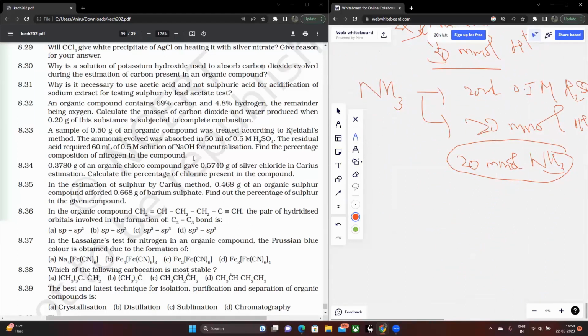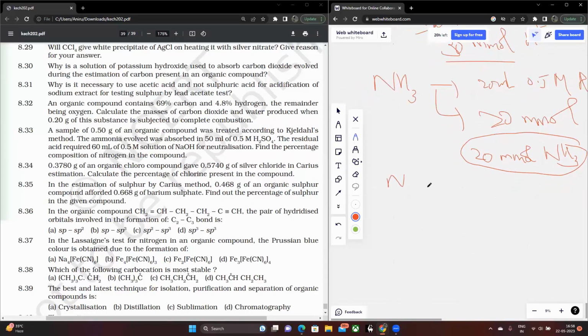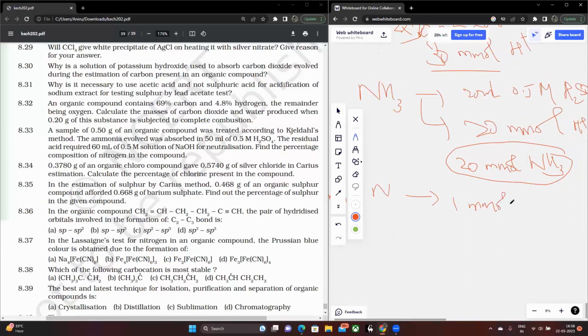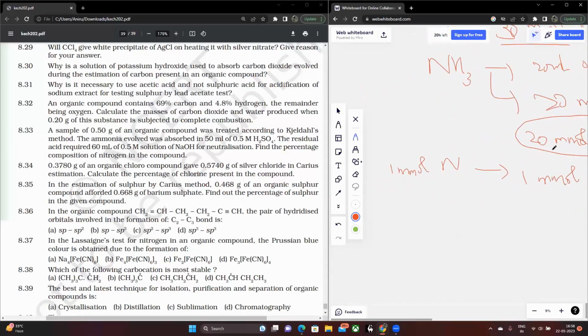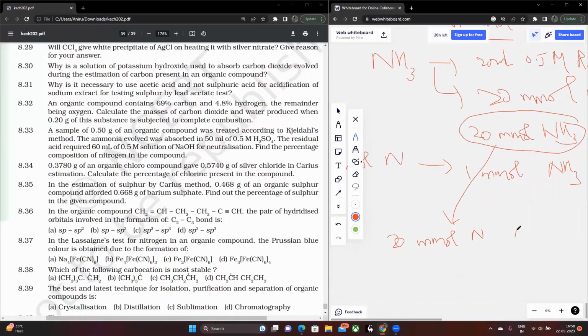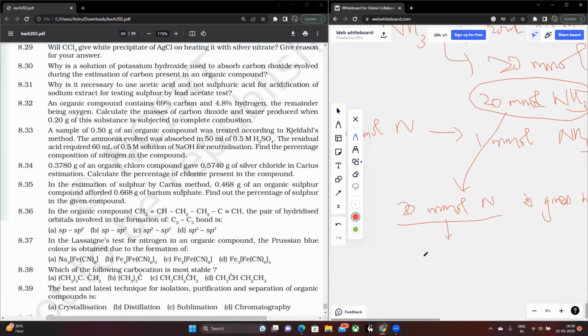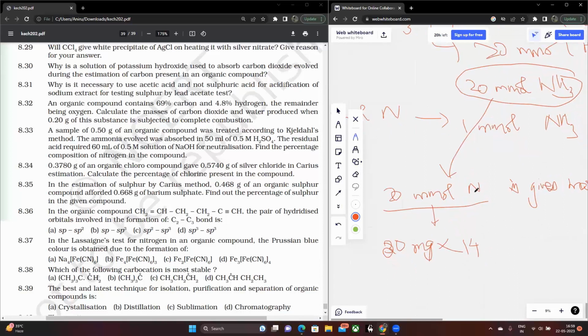So finally, since one millimole of nitrogen generates 1 millimole of NH3 quantitatively, this means that there is 20 millimoles of N in the given mass, right? 20 millimoles of nitrogen means that the mass is 20 into 14, because the atomic mass of N is 14, right?